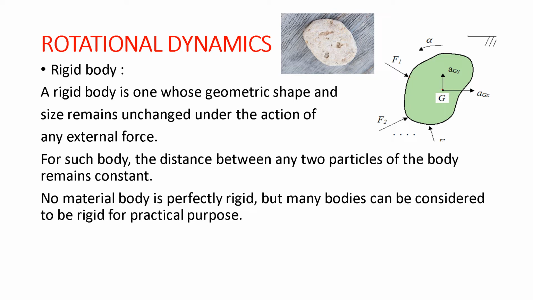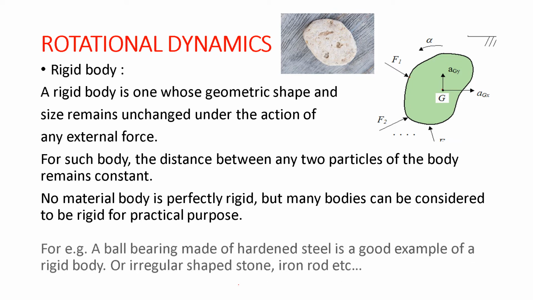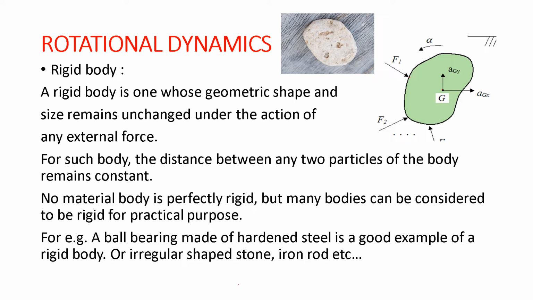No material body is actually perfectly rigid, but many bodies can be considered to be rigid for practical purposes. For example, a ball bearing made of hardened steel is a good example of a rigid body, or an irregular shaped stone.